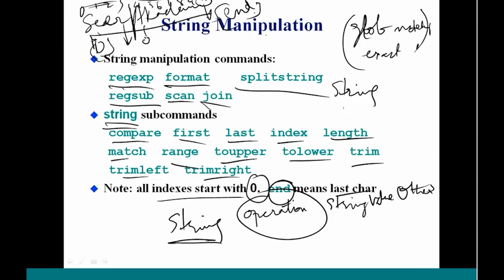So now let's look at these commands. The string compare takes two arguments, string 1 and string 2, and returns 0 if they are equal, -1 if string 1 sorts before string 2, or it returns 1. So compare has three return values.